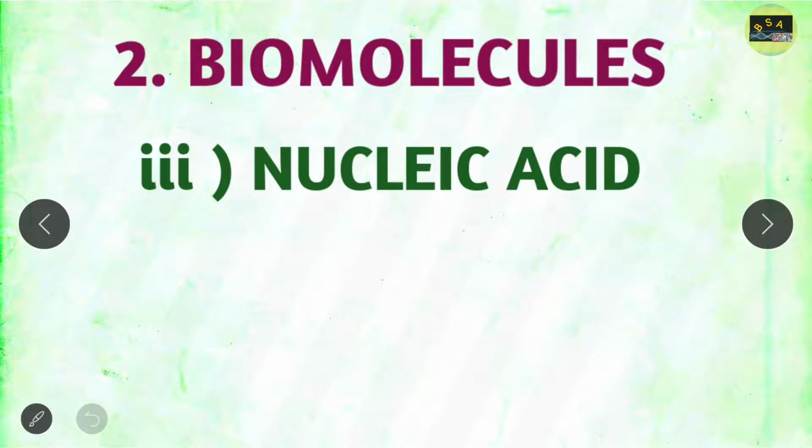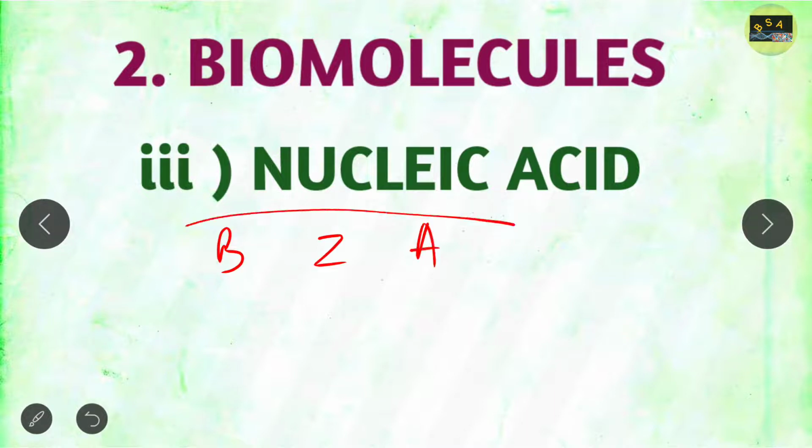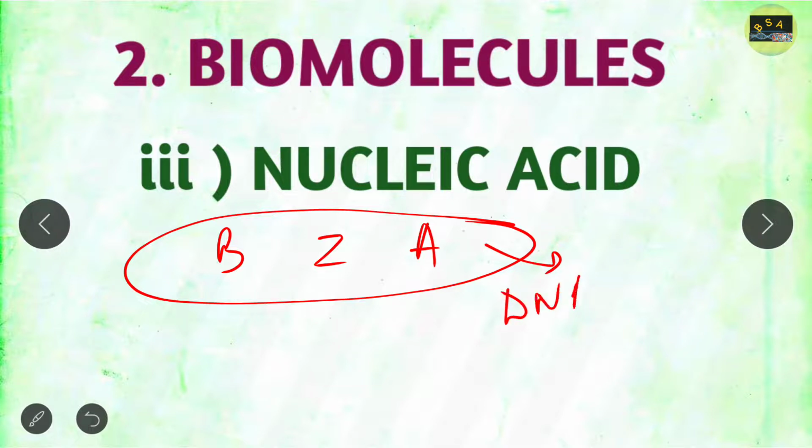Now, nucleic acid. In nucleic acid they don't ask many questions. Basically, they ask the difference between B-DNA, Z-DNA, and A-DNA. So these three types, B, Z, and A, you have to know what they are. And apart from this, you should know about DNA denaturation and supercoiling.